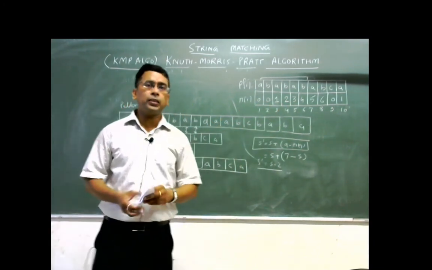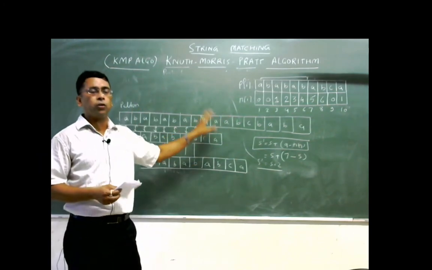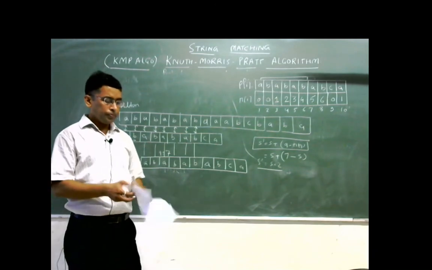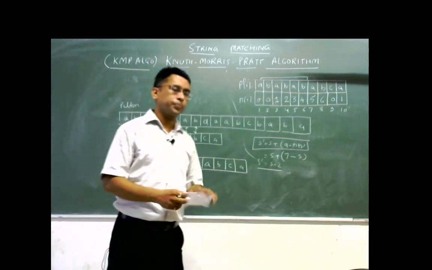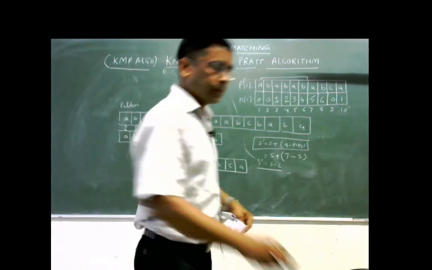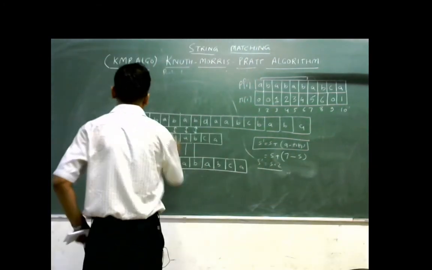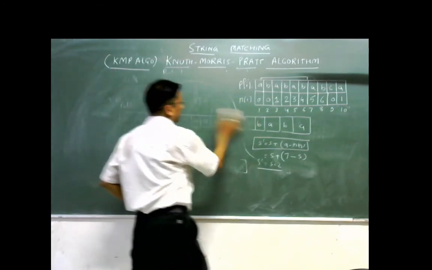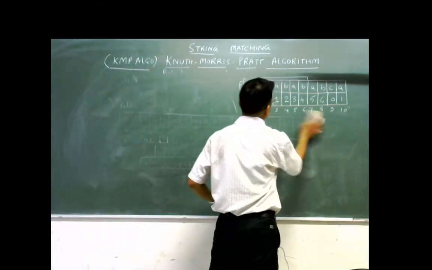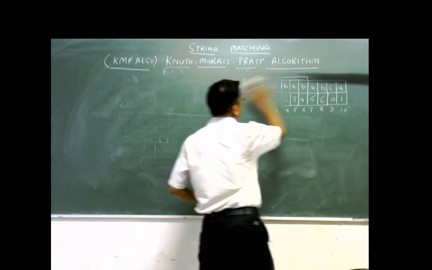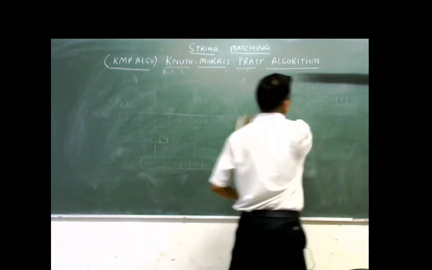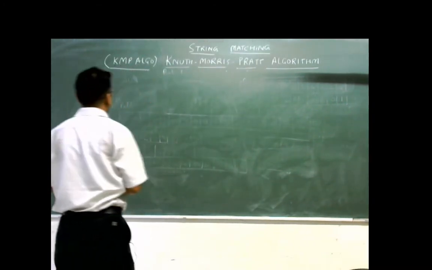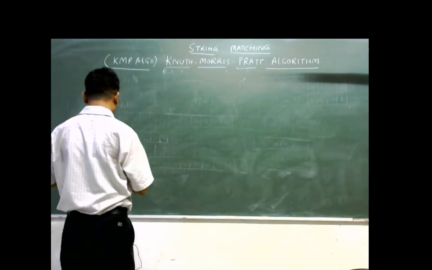So after that, this is the prefix function computation. The matching algorithm is different from that, and I am going to write that also. Okay, so I am rubbing this. The final algorithm, that was only the prefix function computation.